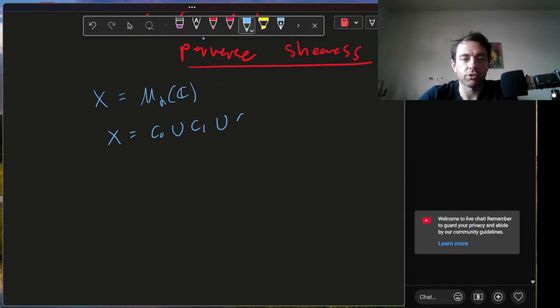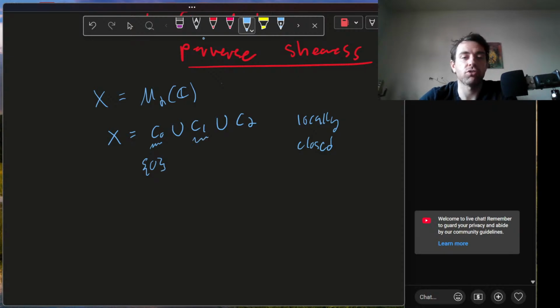So we're going to write X as a disjoint union of three locally closed varieties, where C0 is just going to be all of those matrices of rank 0. So in particular, it's just the singleton 0 matrix.